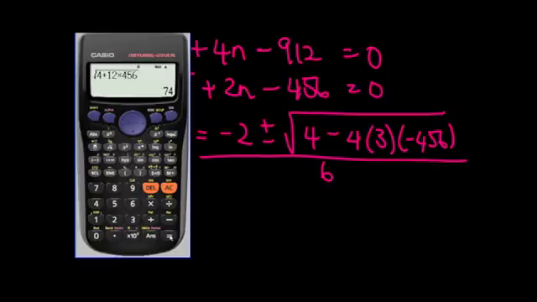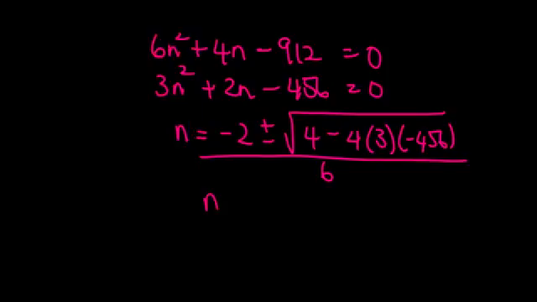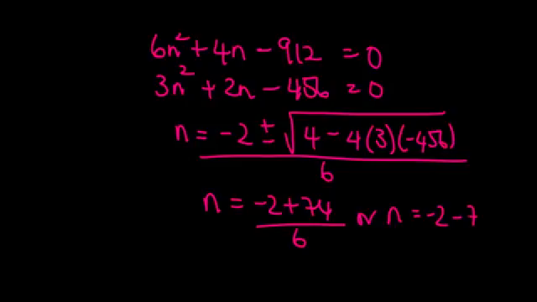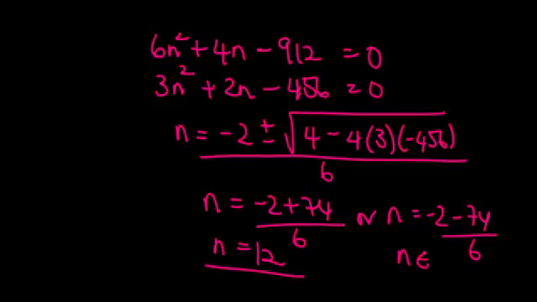So n is going to be equal to minus 2 plus 74 divided by 6, or n is equal to minus 2 minus 74 divided by 6. That would be 72 over 6, so n is 12, or negative 76 over 6. n must be an integer, so that's a fraction, so it's not applicable. So there would be 12 terms.